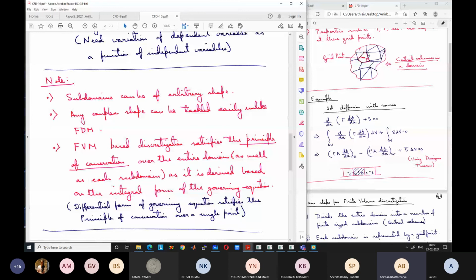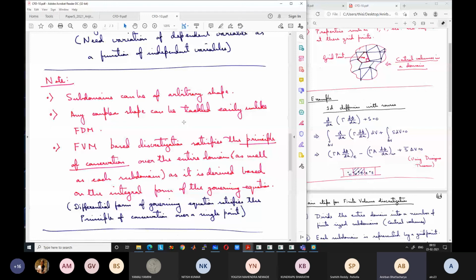Once we find the flux for any direction, we can find the flux in terms of the grid point values, and then we can solve for all the control volume grid point values, the unknown values. So if I have say 100 grid points, there will be 100 unknowns and 100 equations, so you can solve them together, or using an iterative method. So any complex shapes can be tackled easily, unlike finite difference method.